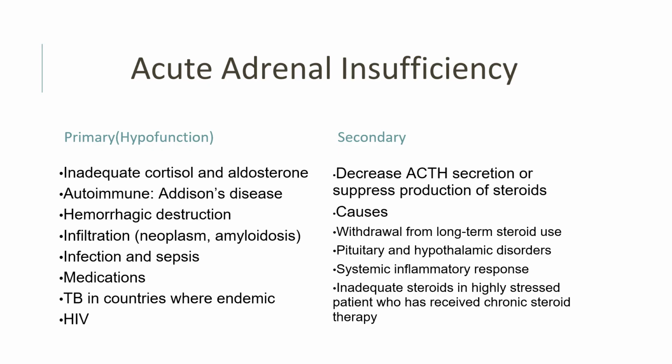If it's more a long-term, chronic type of situation, then we can look into Cushing's syndrome as well. Again, in differentiating primary, we're looking at a direct causative factor. With secondary, it can be something else that has been treated for another issue that has now led to acute adrenal insufficiency.